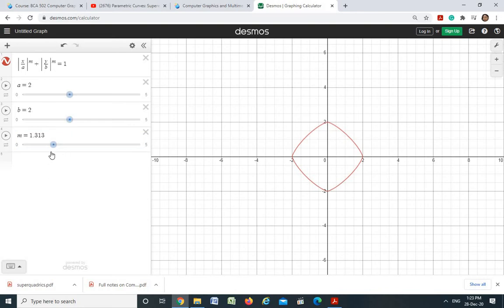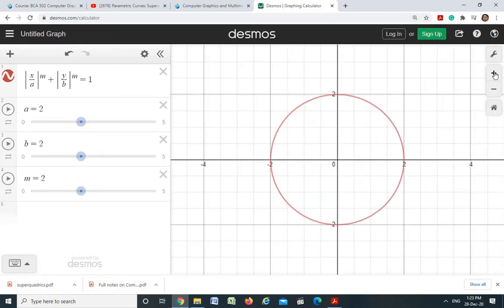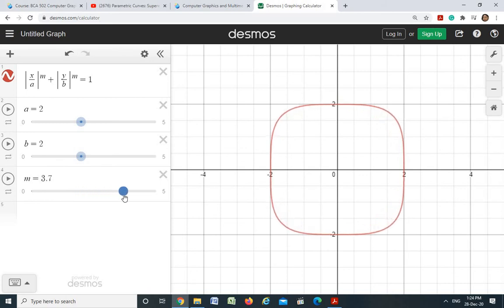When m equals 2, as you can see from here, it becomes a circle. When m is moving towards positive infinity, we are getting a rectangular shape.